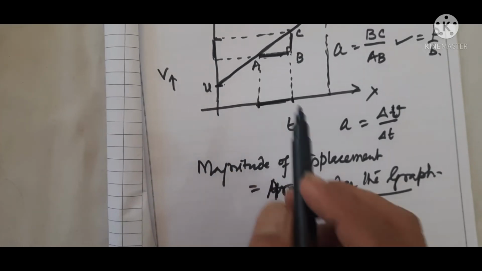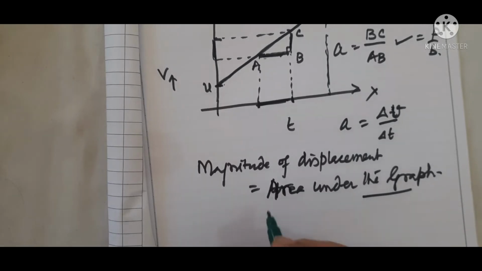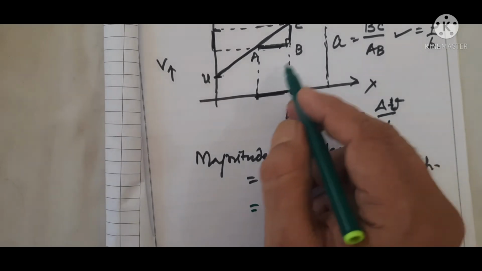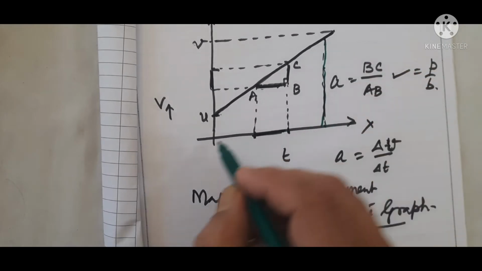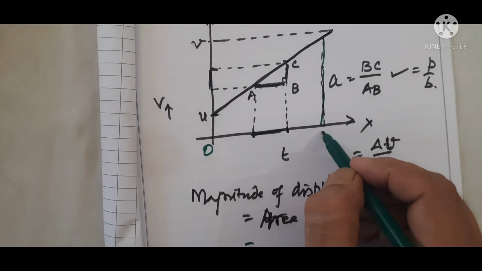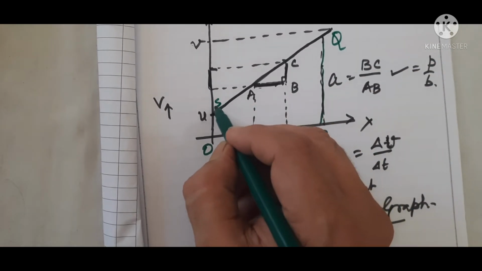You remember VT ग्राफ अगर है तो उसका एरिया अंडर द ग्राफ, that you have to find out. That area will be, यहाँ से मान लेते हैं ये ग्राफ था, यहाँ इसका टोटल एरिया OPQ and this is your S.